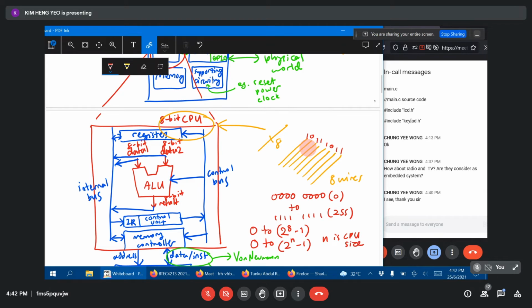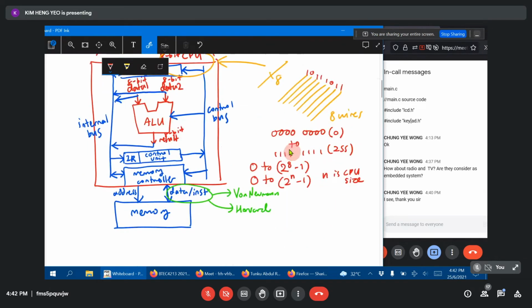So if the CPU size is 16 bits, so n equals 16, then the range of numbers that the processor can deal with is 0 to 2 to the power of 16 minus 1. If you're familiar with digital numbers, 2 to the power of 16 is a very common number. It's 65536. So if you minus 1, you get 0 to 65535.